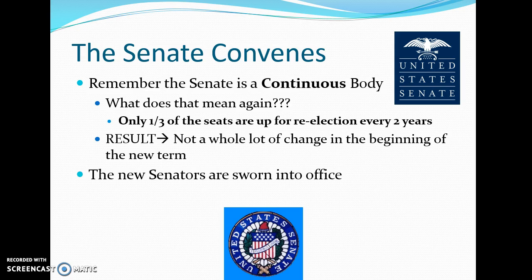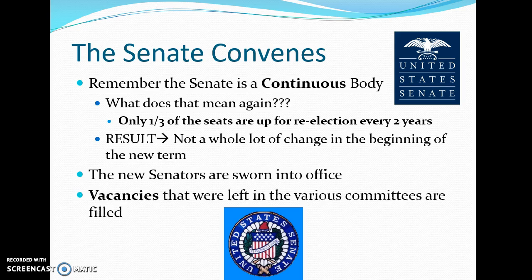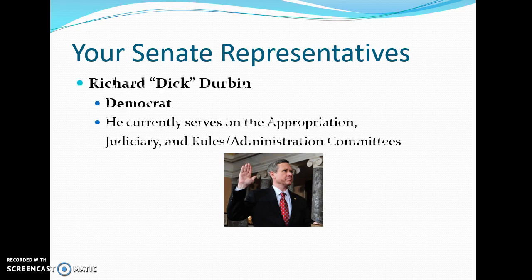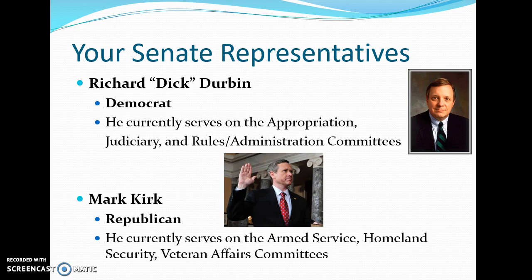During the first meeting, the new senators are sworn into office. Vacancies left in various committees are filled. Sometimes senators volunteer for these, sometimes they're assigned to them. Our senators: Dick Durbin is a Democrat, and Mark Kirk is a Republican.